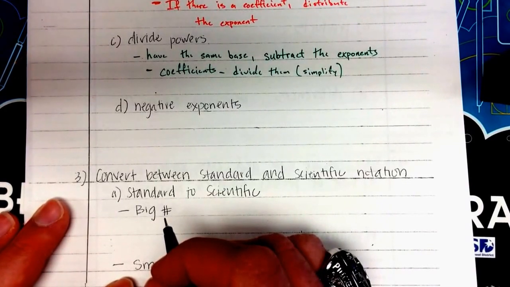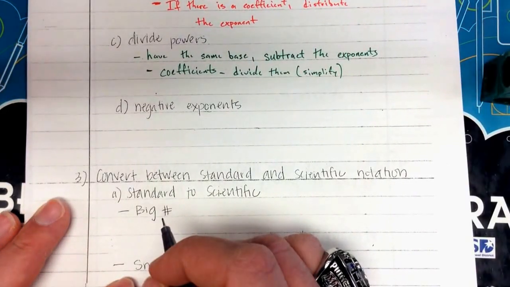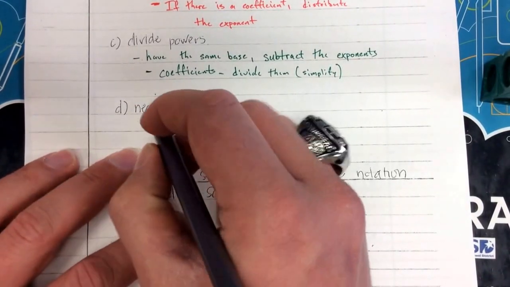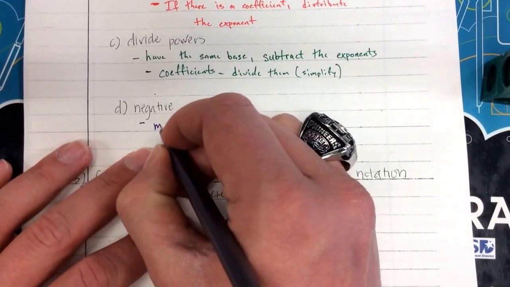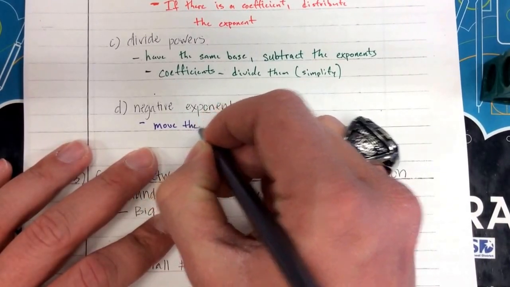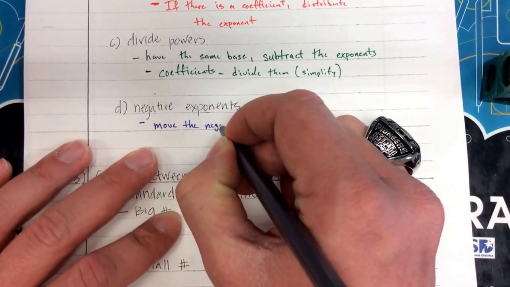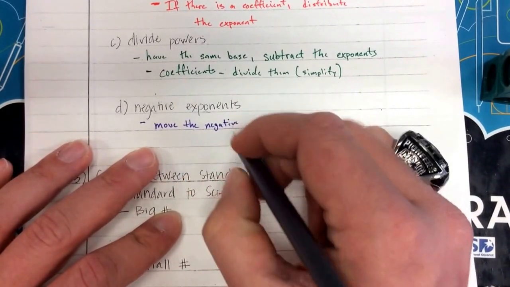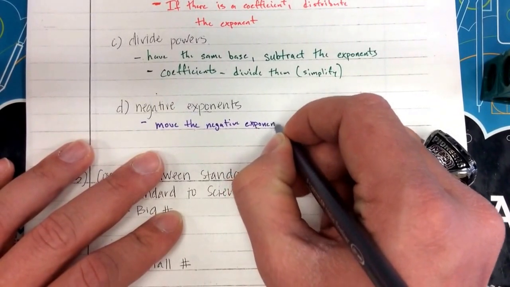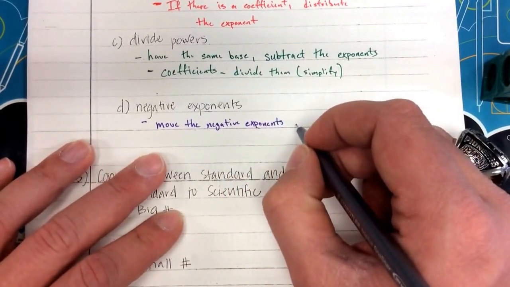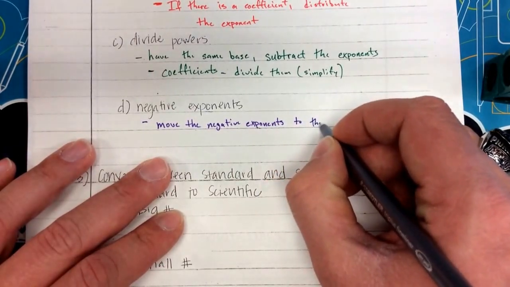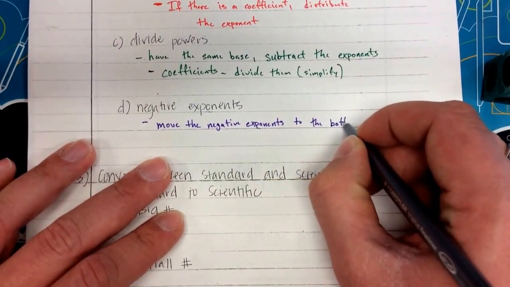And if you do, if they're in the numerator, you place them in the denominator. So when you have negative exponents, move the negative exponents to the bottom, or the denominator.